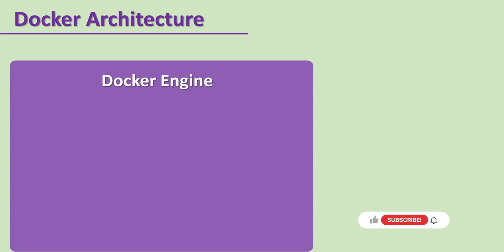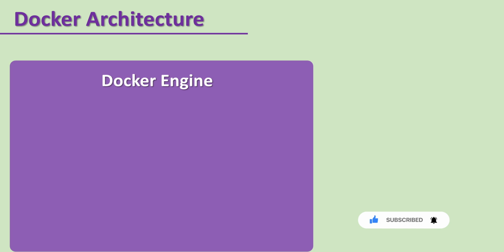Initially, when Docker was first released, Docker was a monolithic application. Although Docker claimed that it can build and deploy microservices very easily, Docker itself was a monolithic application. In that application it has a Docker engine, that we call the Docker engine.